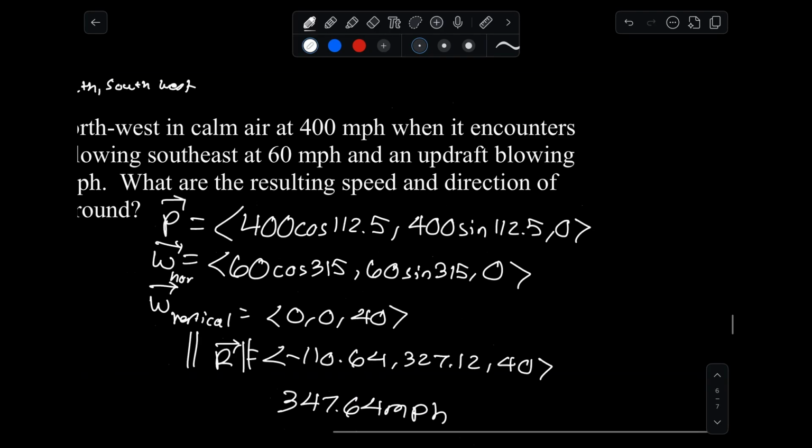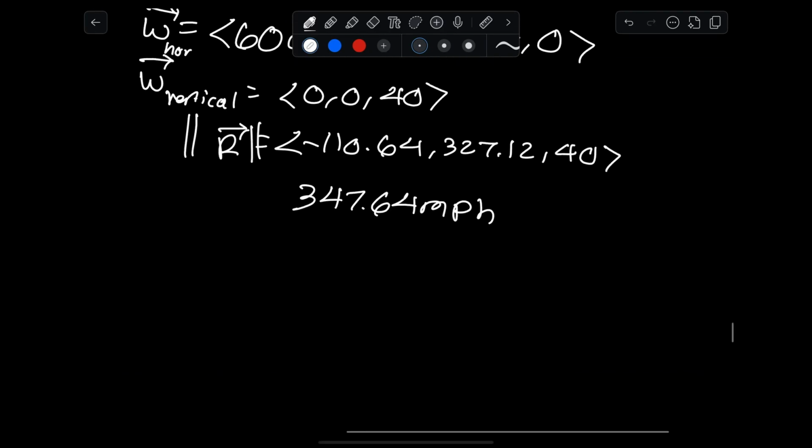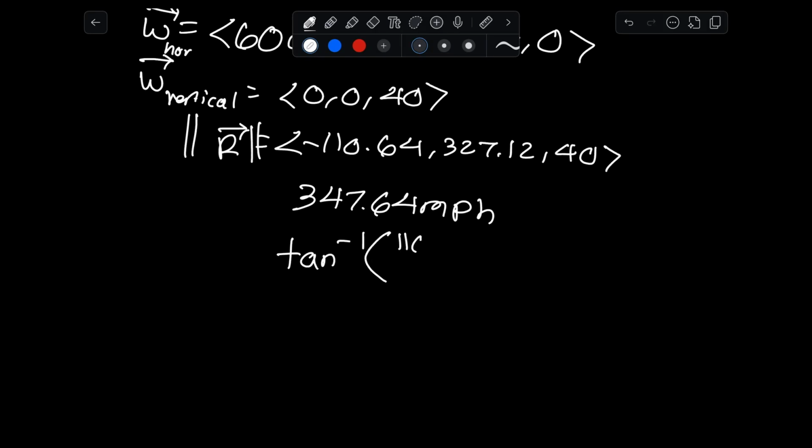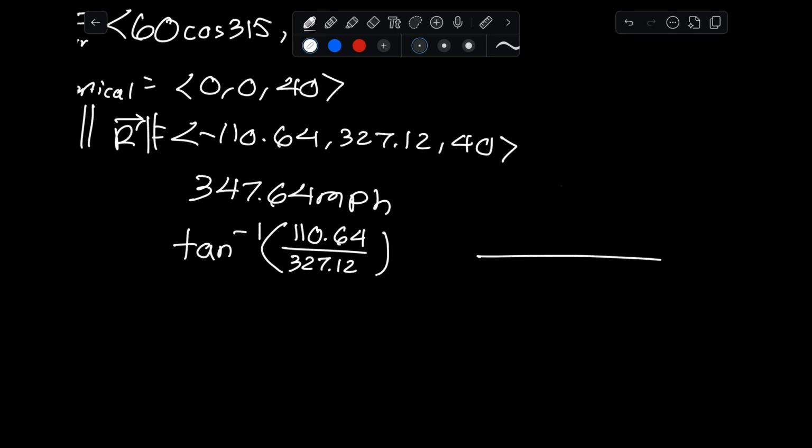So we're going to use our x and y components to solve for the angle. Use tangent inverse of 110.64 over 327.12. The reason I'm choosing this is because I'm going like this and I'm like this, and I'm calling this my angle theta.